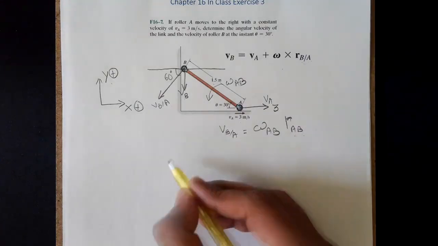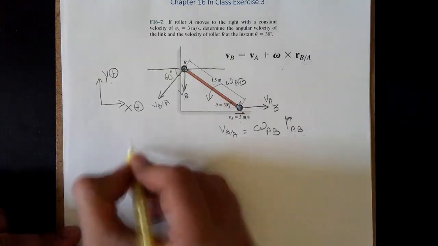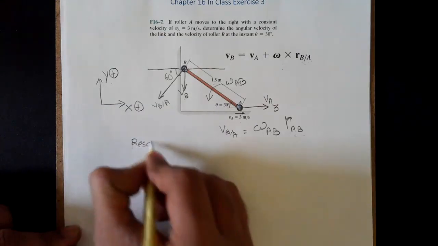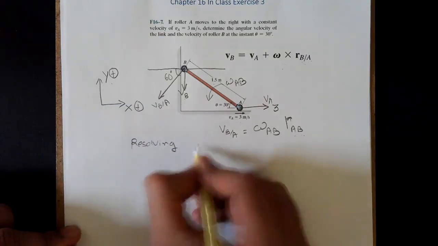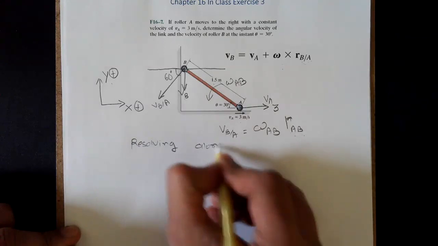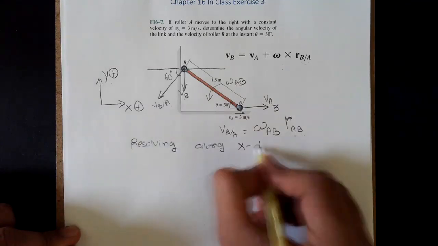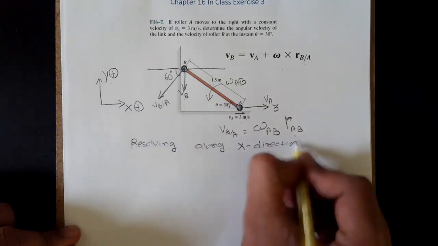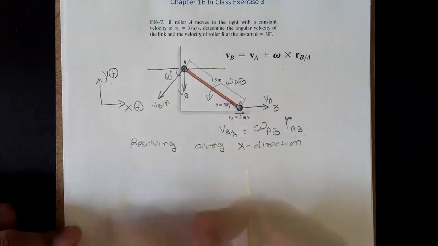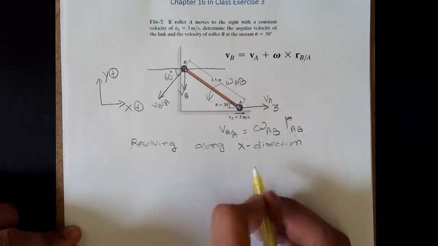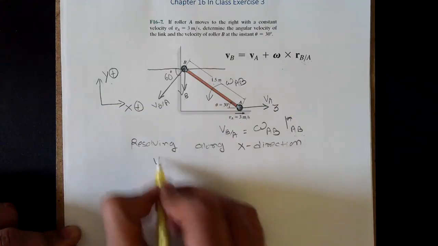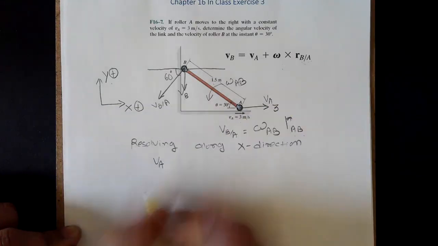So scalar approach. First step, resolving along the x direction. So we write the equation for all the velocity components along the horizontal direction only. So VA is positive, so that's positive.